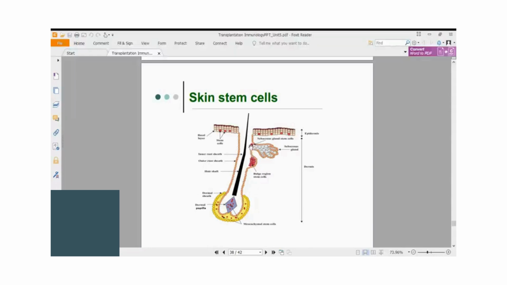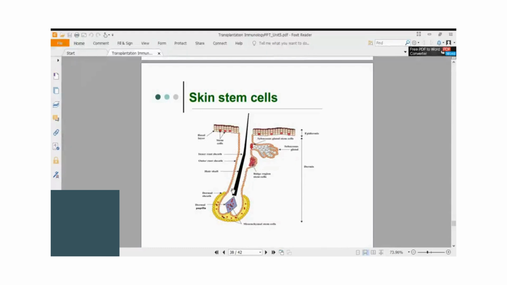Whenever there is damage to the sheath of the hair follicle, there is an area just adjacent to the sebaceous gland, which is called the bulge region. That bulge region contains the bulge stem cells. And those bulge stem cells are pluripotent stem cells capable of giving rise to both layers of the skin, that is the epidermal as well as the dermal layer. That is the potentiality of the bulge stem cells.